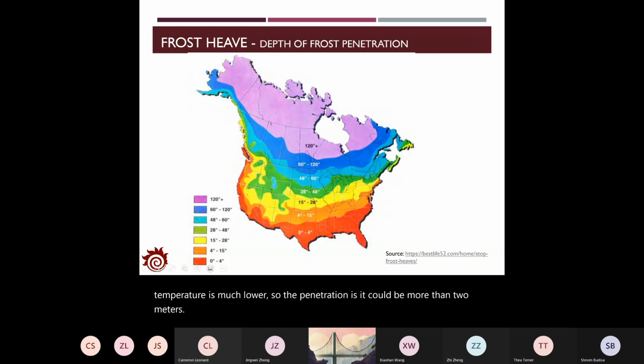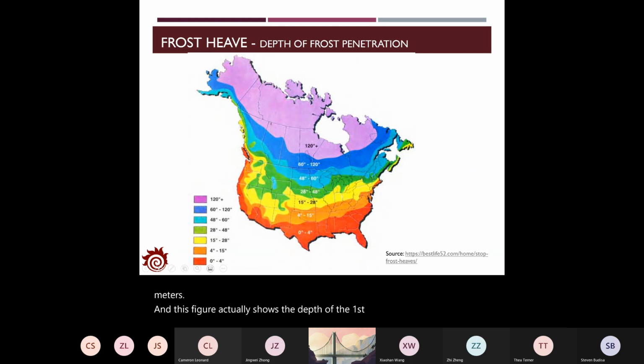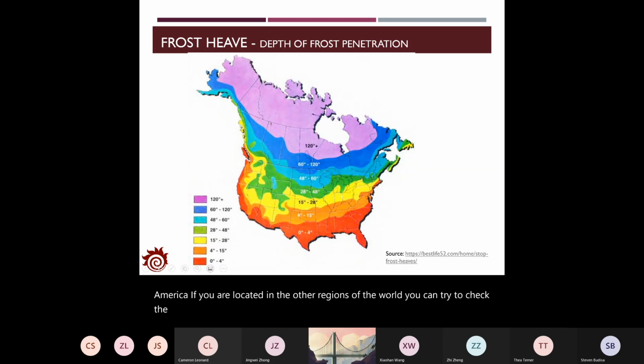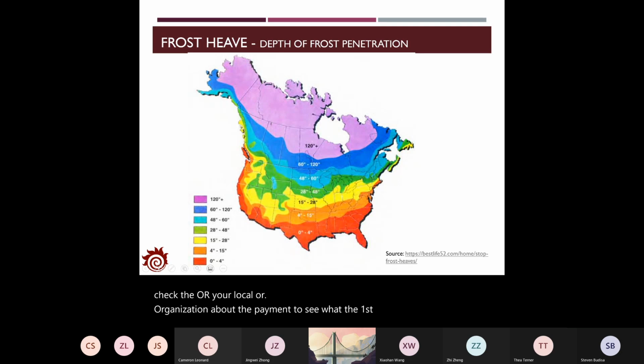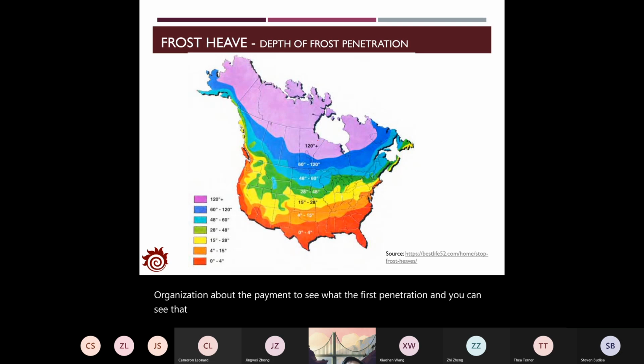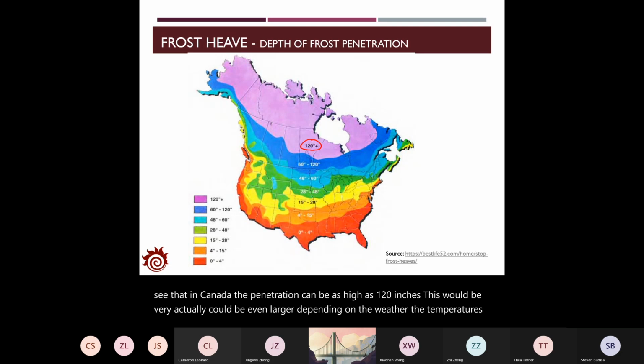And this figure shows the depth of the frost penetration in North America. If you are located in other regions of the world, you can check with your local pavement organization to see what the frost penetration is. You can see that in Canada, the penetration can be as high as 120 inches, and it could be even larger depending on the weather and temperatures in that region.